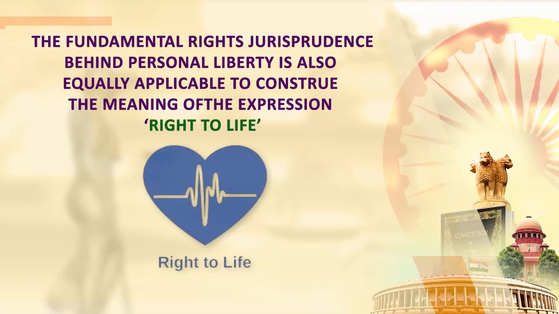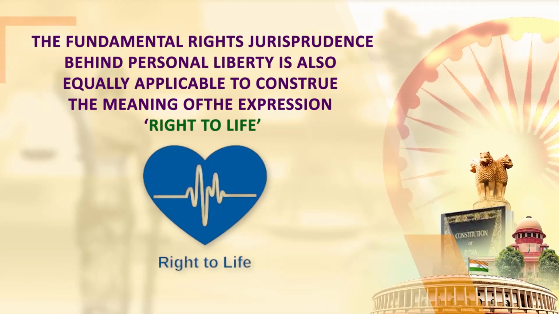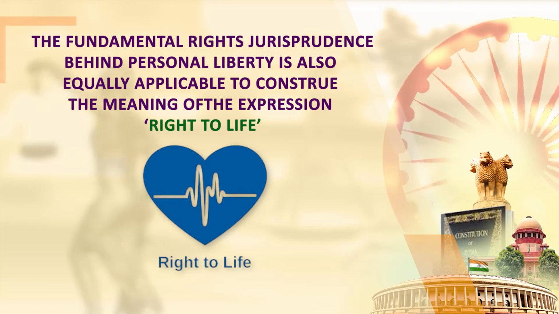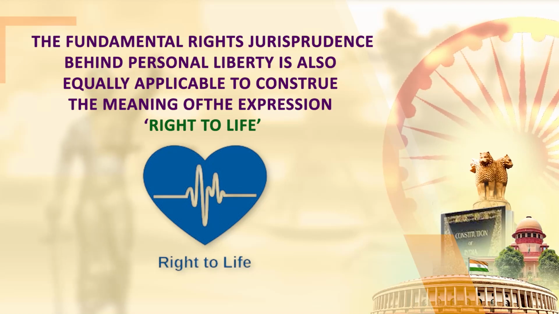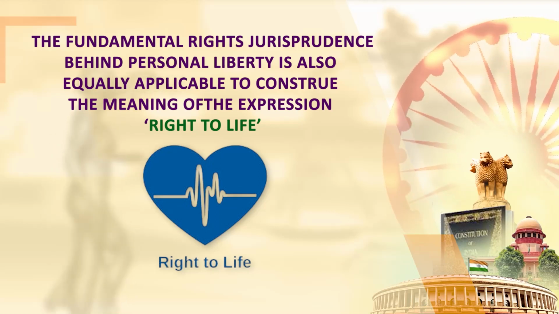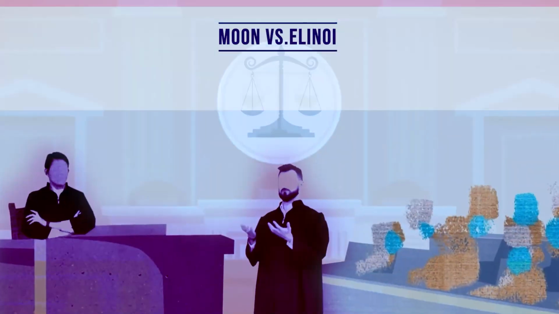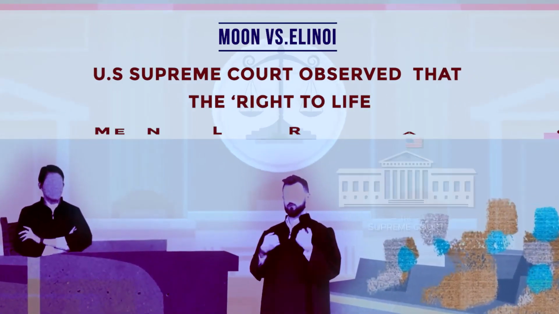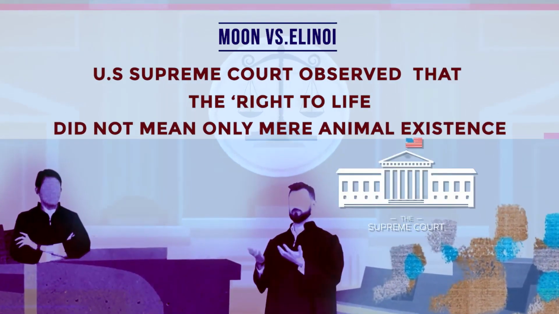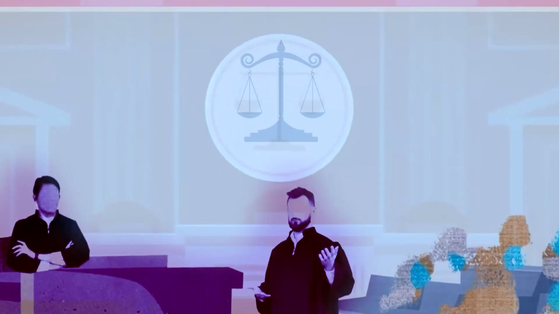Similarly, this jurisprudential background, the fundamental right jurisprudence behind personal liberty, is also equally applicable to construe the meaning of right to life. So I can remember a very famous Supreme Court judgment, Munn versus Illinois, where the American Supreme Court said that the right to life does not mean only mere animal existence.